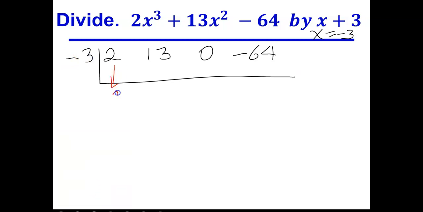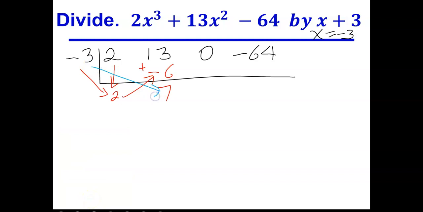So we drop down 2. Negative 3 times 2 is negative 6, and then we add, we get 7.